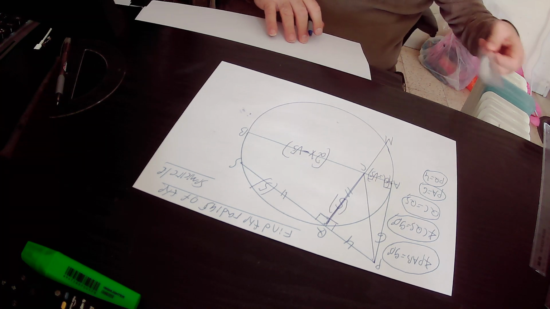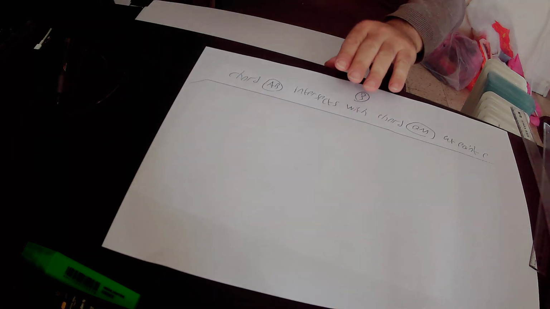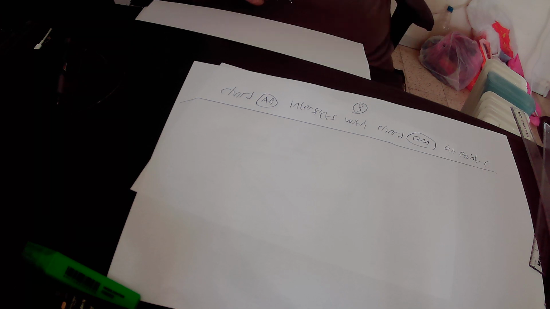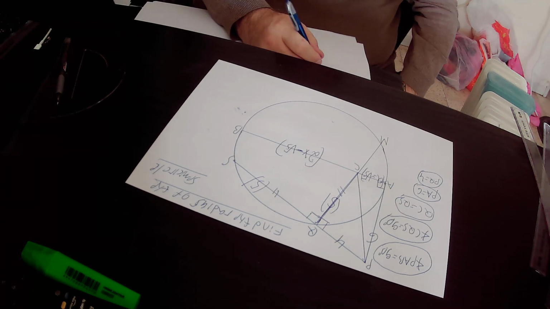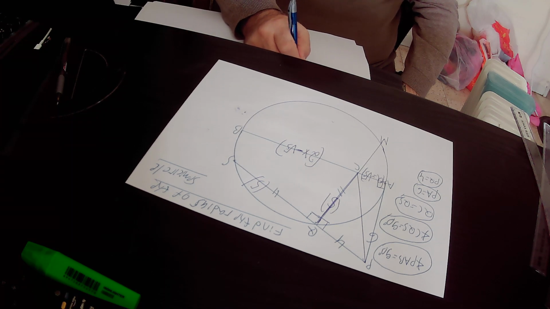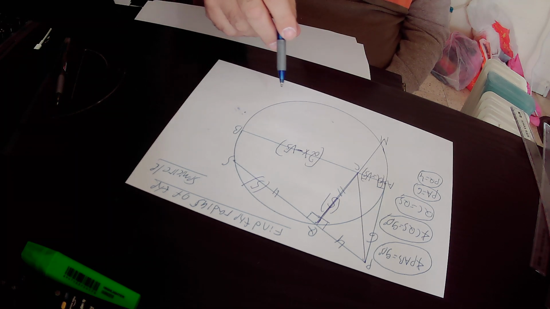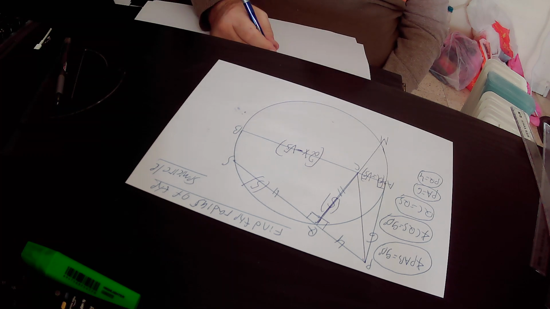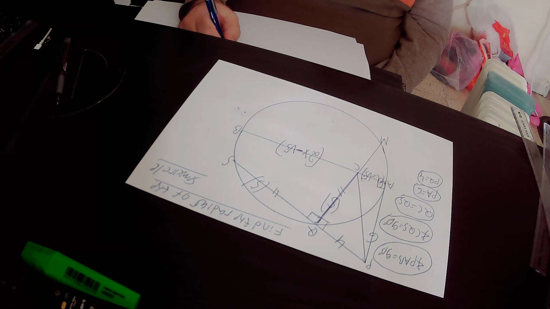Repeat again. Now going, chord AB intersects with chord QM at point C. Therefore, according to rule number 11, we will get that AC times CB equals QC times CM.